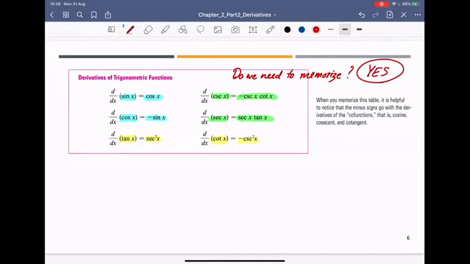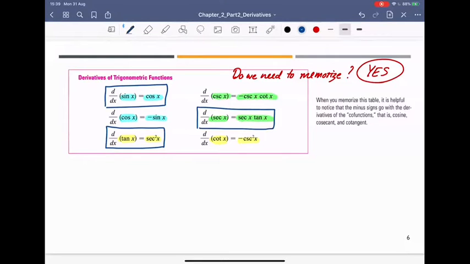And we have a technique to memorize it. If I were you, I would memorize first: differentiate sine equals cosine, differentiate tan equals secant square, and differentiate sec equals sec tan. And then you can see that the other 3 formulas use the same pattern.